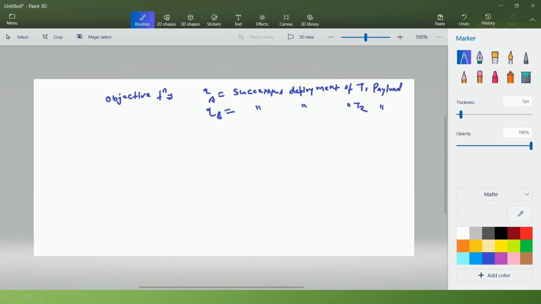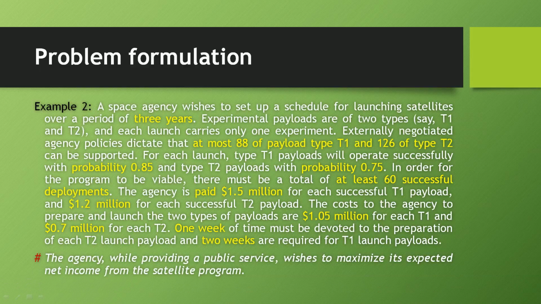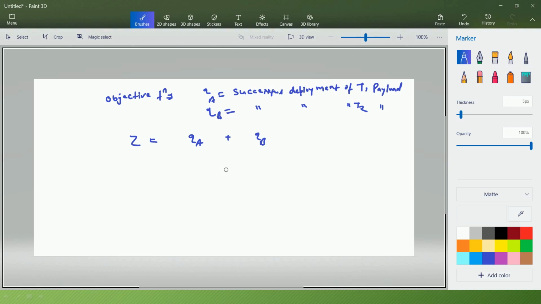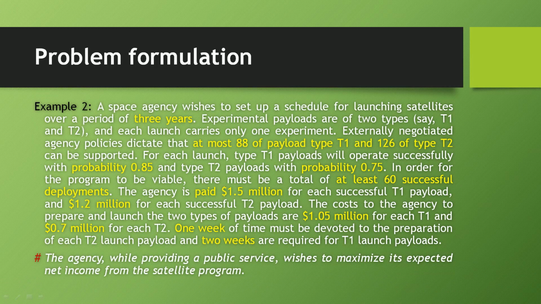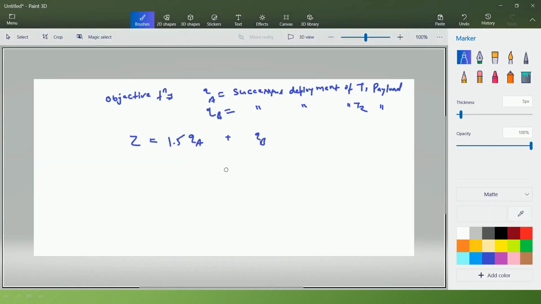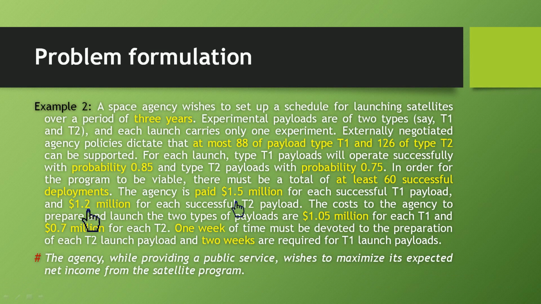Okay, so the objective function can be written as QA plus QB. So we are obtaining $1.5 million for T1 payload, so I will multiply here by 1.5, and we are obtaining 1.2 million for T2 payload, so I will multiply here by 1.2. So we have utilized these two data.